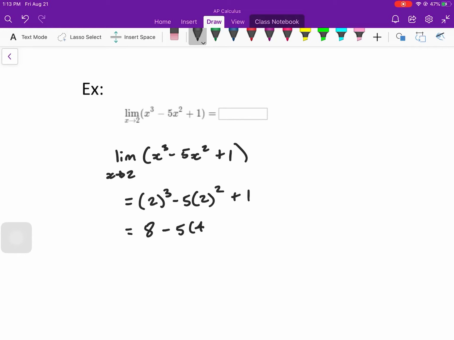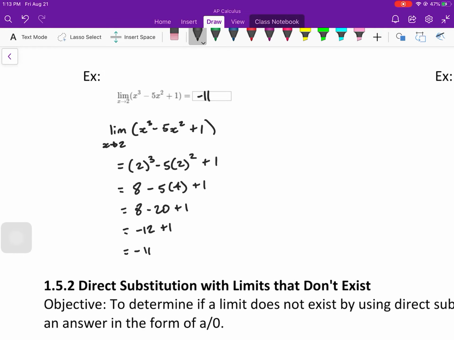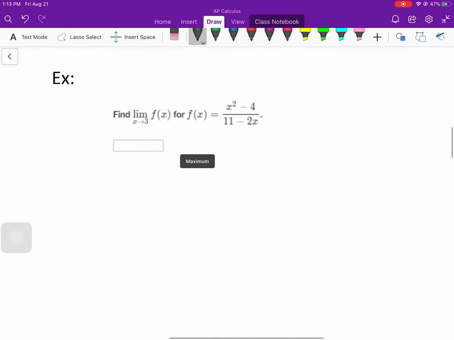I'll get 8 minus 5 times 4, plus 1, which is 8 minus 20 plus 1, which is negative 12 plus 1, which is negative 11. So that's what the limit is. If you were to look at the graph of this function, it's approaching negative 11 as we approach 2.